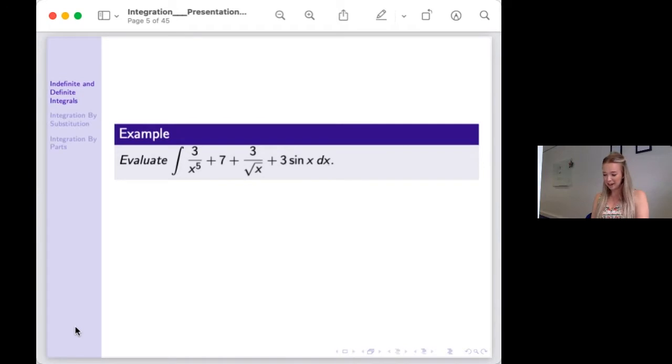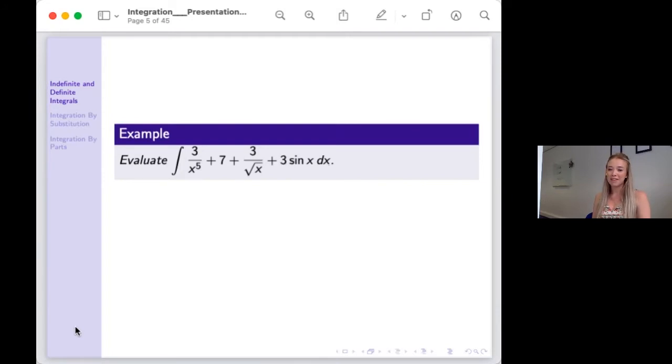The next one we'll have a look at, 3 over x to the 5 plus 7 plus 3 over the square root of x plus 3 sine x. So we've got a few more tricky things in there. The 3 over x to the 5 is probably easiest to write as 3x to the minus 5, and then you can just use your power rule to integrate it.